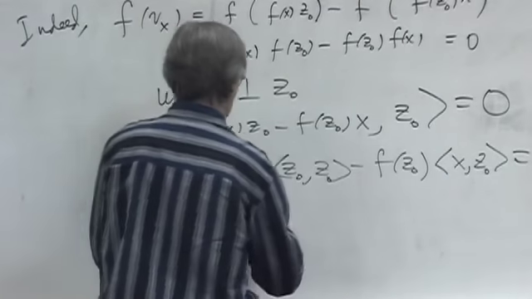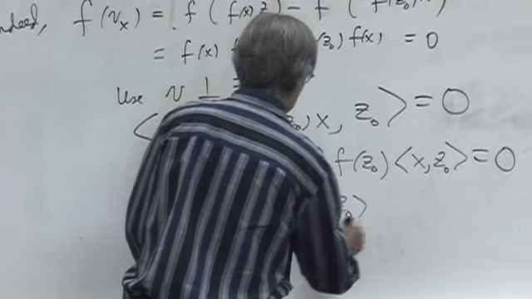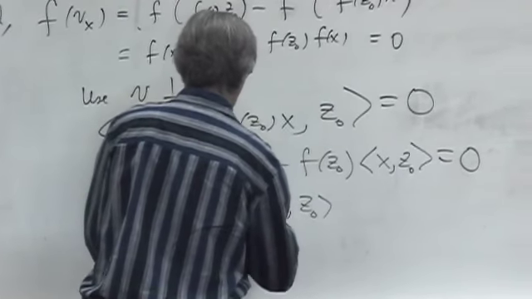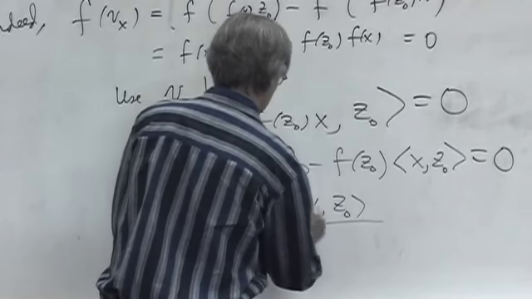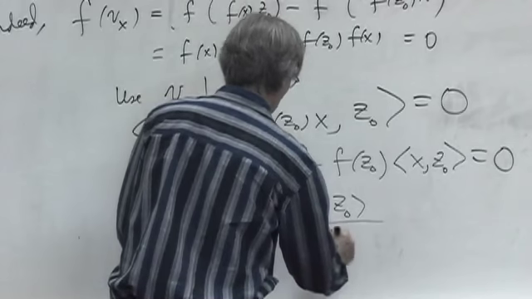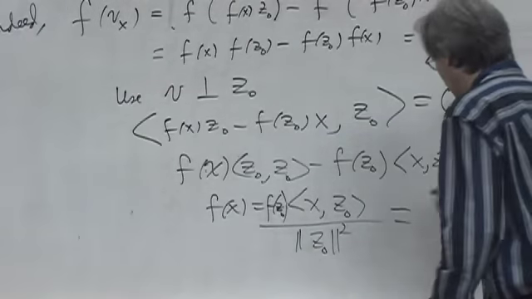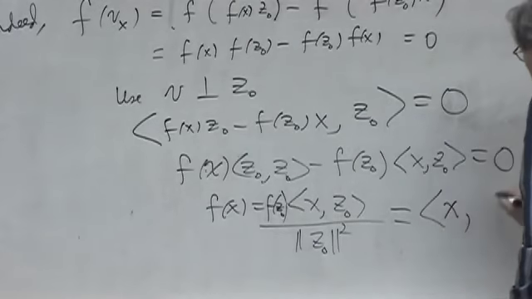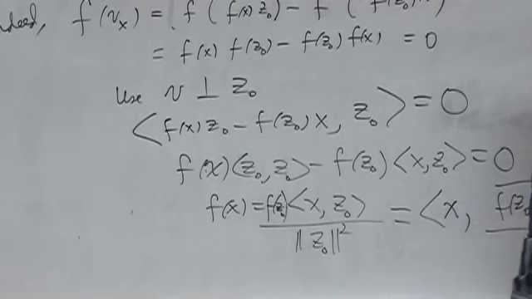So that gives that f of x is equal to the inner product of x and z naught times f of z naught, divided by the norm of z naught squared. And so now I can put everything inside if you want and write this as the inner product of x with f of z naught bar z naught over the norm of z naught squared. And so this is my z. Okay, this is my z.